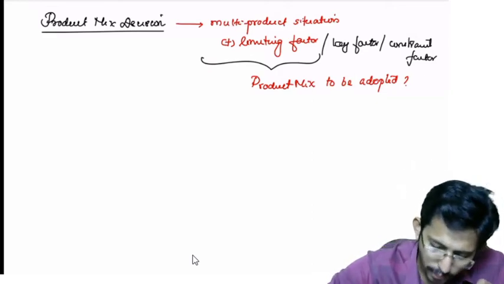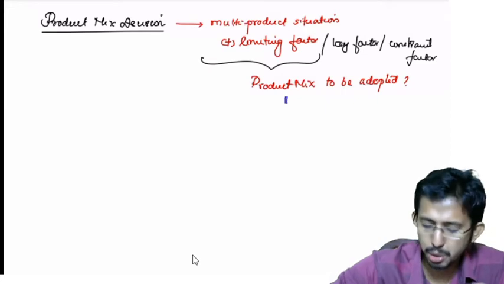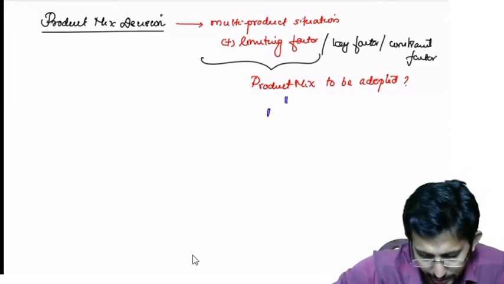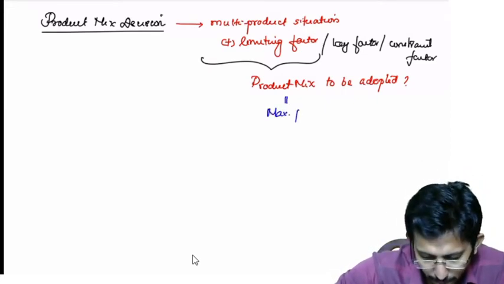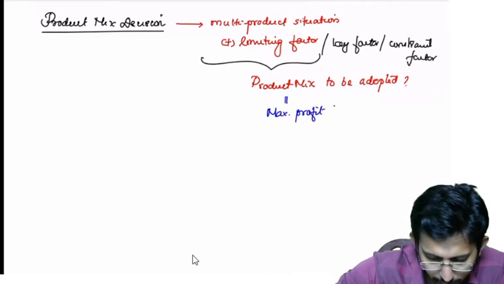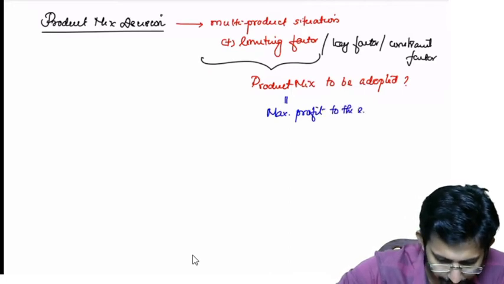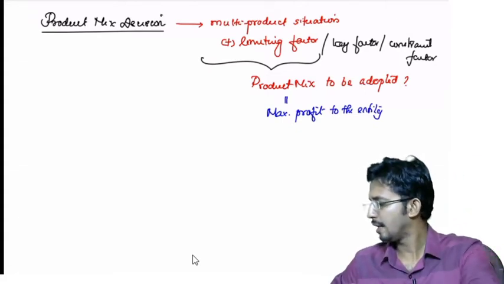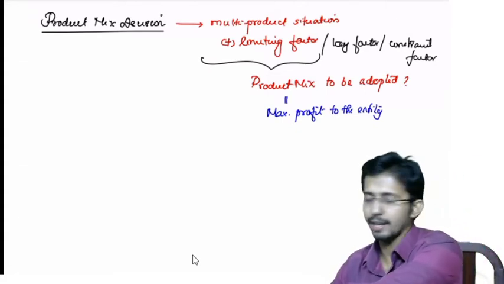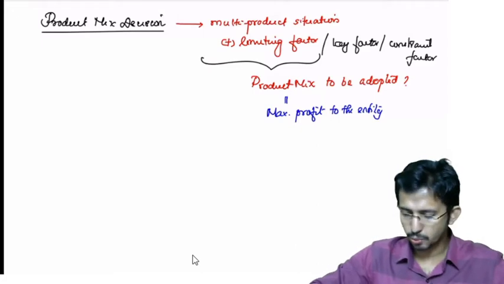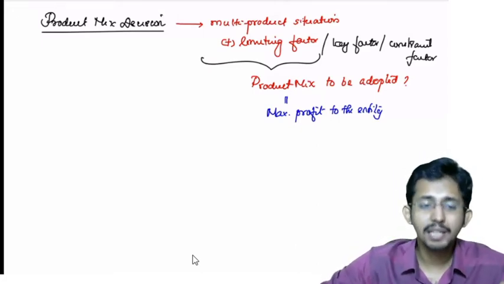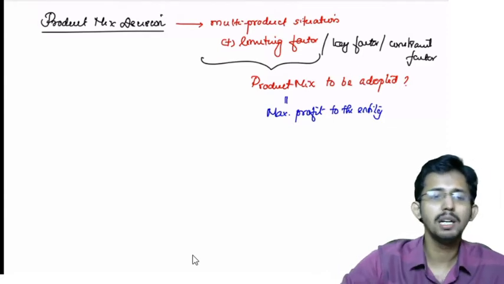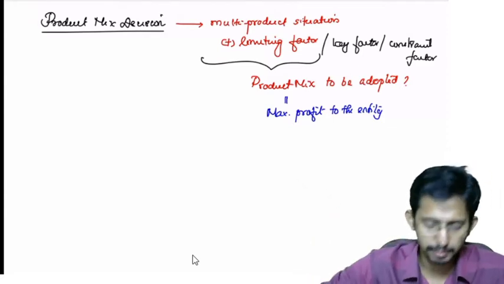The criteria is very simple. This product mix should yield the maximum profit to the entity. If you have an entity and that entity has a limiting factor, then the optimum mix which you are computing should be capable of giving you the maximum profit that is possible with the limited quantity available.